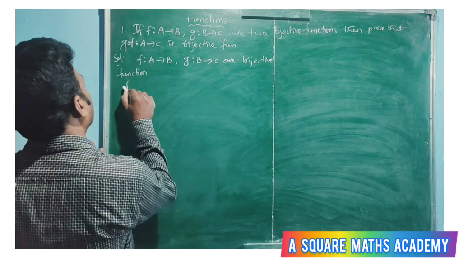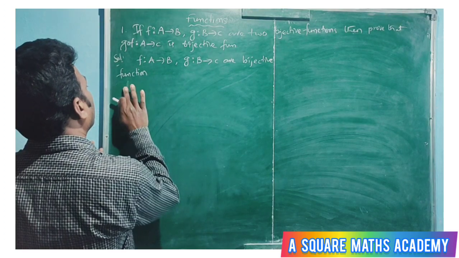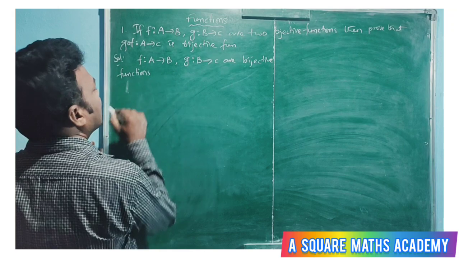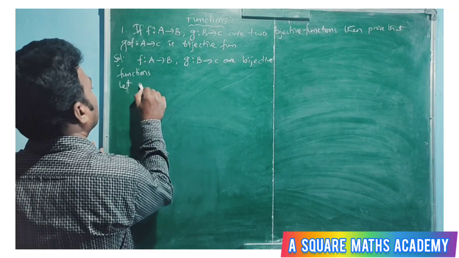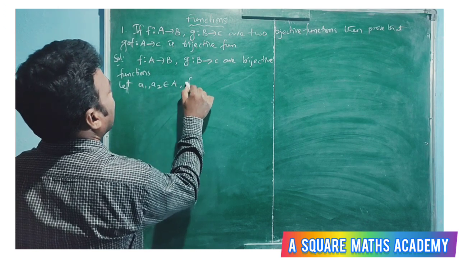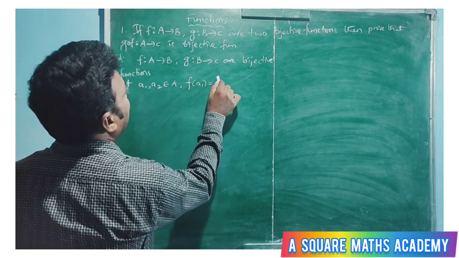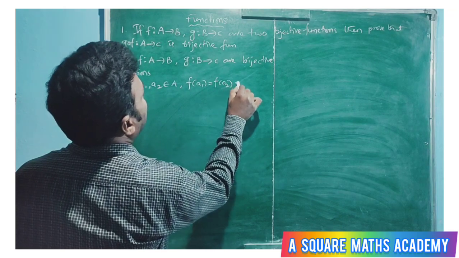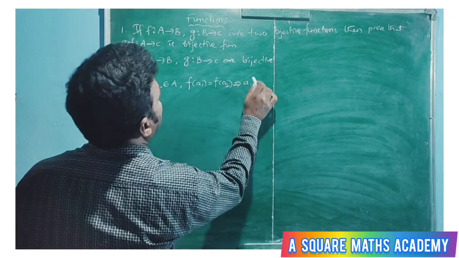These are bijective functions. Let a1, a2 belongs to A, f of a1 equals f of a2. That implies a1 equals a2.